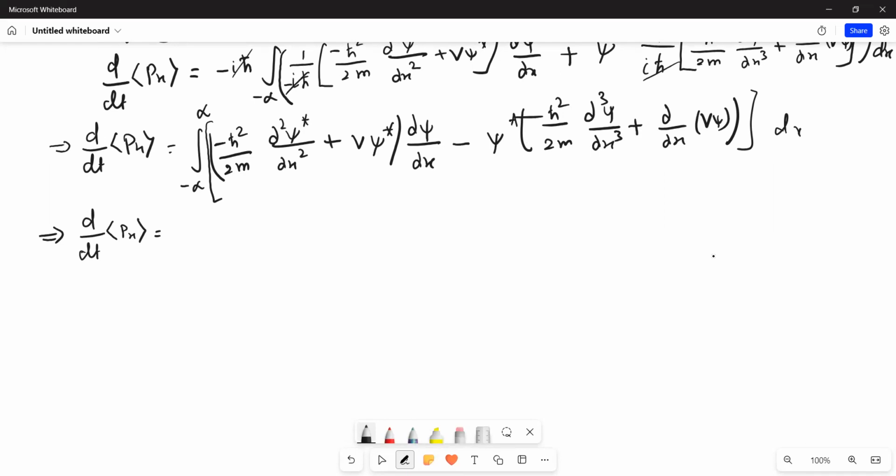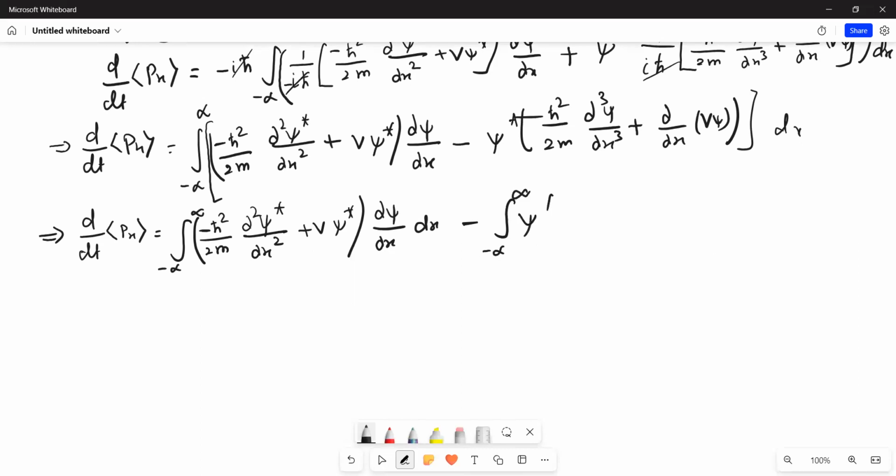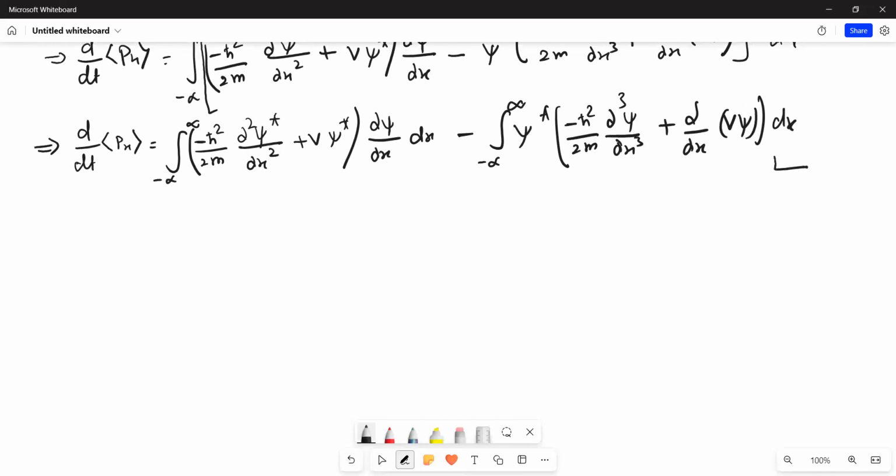If you simplify, I am going to split this into integrals: the integral from minus infinity to plus infinity of −(ħ²/2m) ∂²ψ*/∂x² plus Vψ*, then ∂ψ/∂x into dx, minus the integral from minus infinity to plus infinity of ψ* times −(ħ²/2m) ∂³ψ/∂x³ plus ∂/∂x (Vψ) into dx. Consider that this is equation number 9.